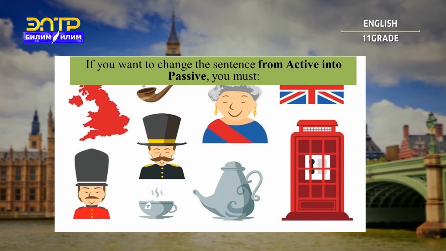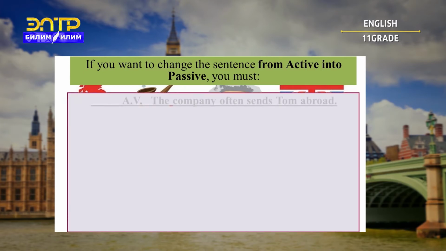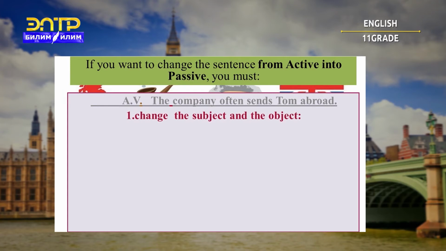If you want to change the sentence from active into passive, you must: The company often sends Tom abroad. First, change the subject and the object: Tom, and in the end, by the company.